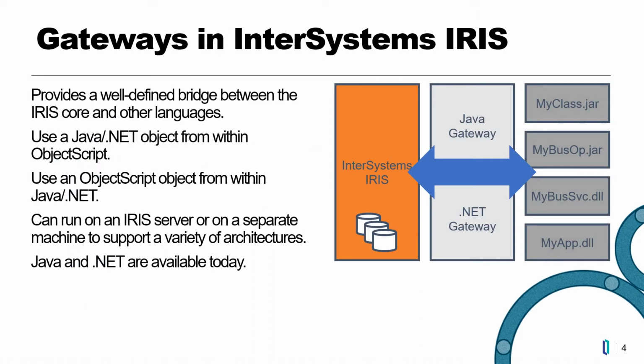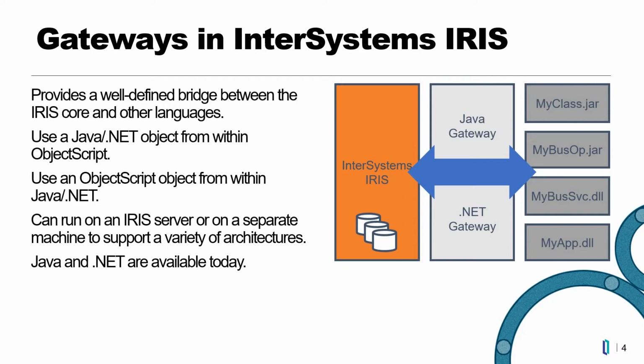But first of all, let's talk about the gateways. In InterSystems IRIS, they provide a well-defined bridge between InterSystems IRIS and external languages. You can use Java or .NET objects from within ObjectScript, and the reverse is also true: from Java and .NET you can use ObjectScript objects.